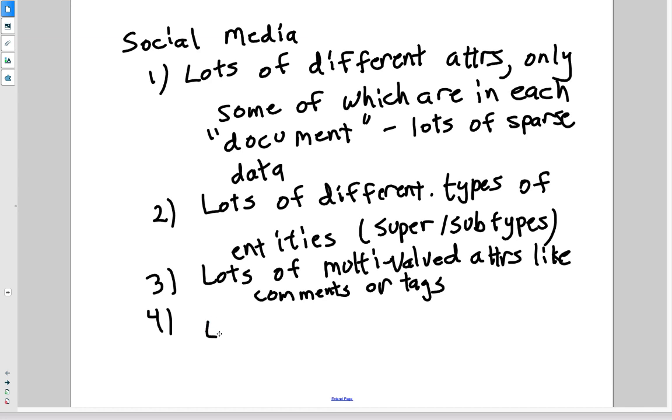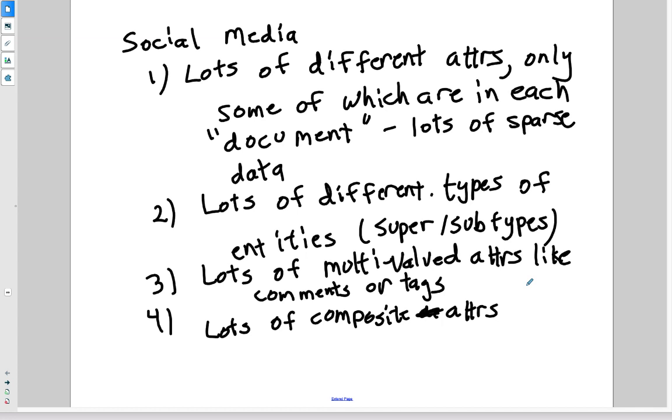Okay, often lots of composite attributes, which can be handled by a relational database, but they end up separated. Okay, rather than like an address, the attributes have to be, you can't say address and then have sub-attributes for the address.